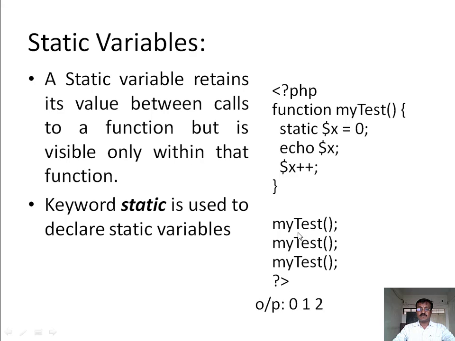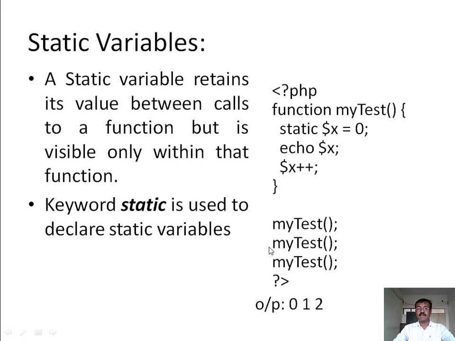Next I call this function. If I call this function for the first time, the value will be assigned 0 and then it will be incremented. So for the first time, when I print the content of this variable, initially it has 0, hence it will give output 0.